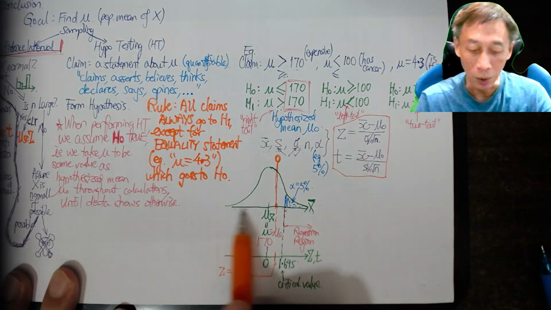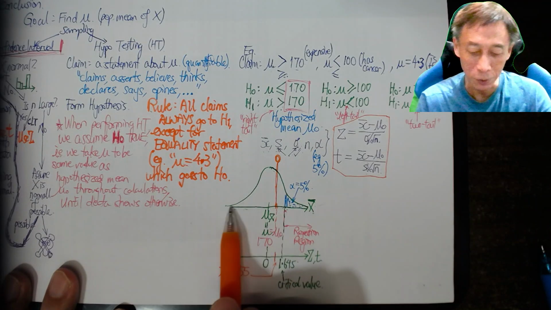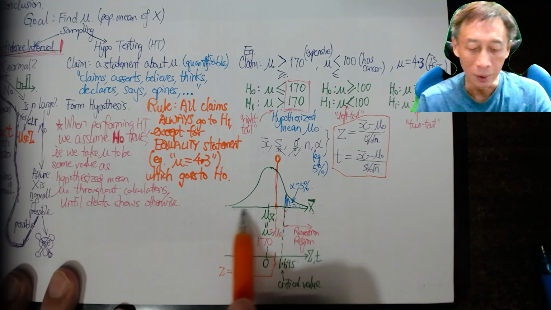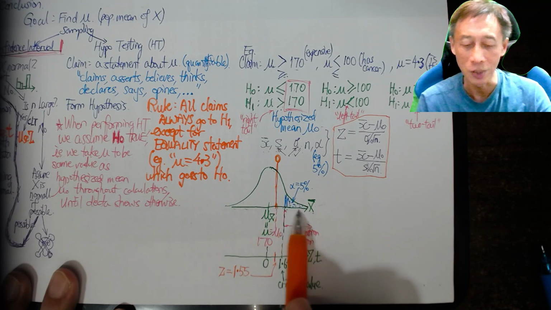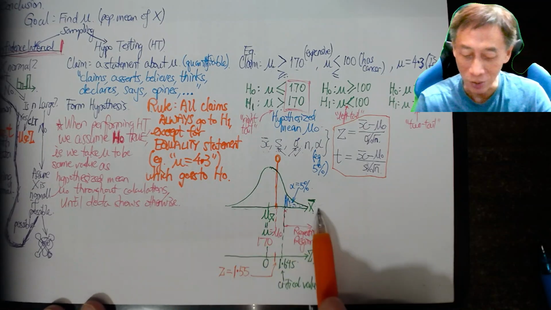However, as you can also see, there is a lot of space here on the X bar axis, a lot of room of interval compared with the short interval here. By right, both will extend to minus infinity and plus infinity.